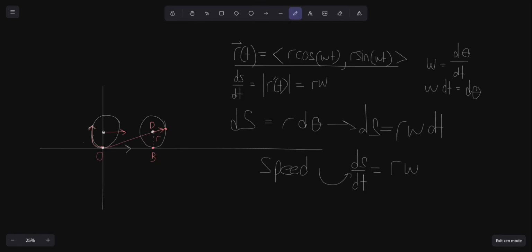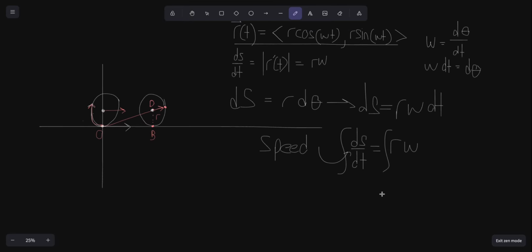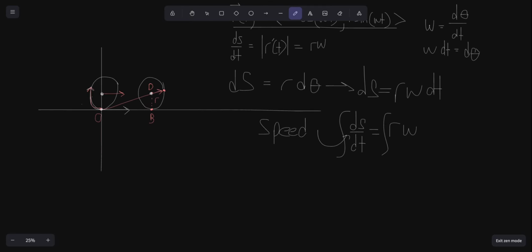Well, what we can do is integrate both sides with respect to time. And so we get that our arc length is going to be equal to our radius multiplied by omega multiplied by the time.